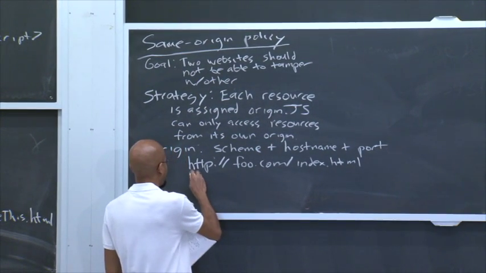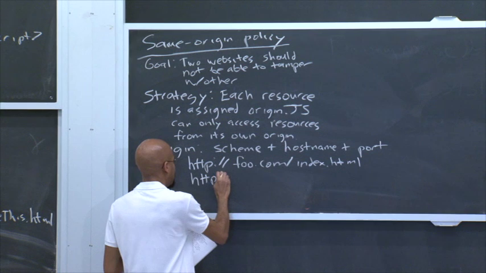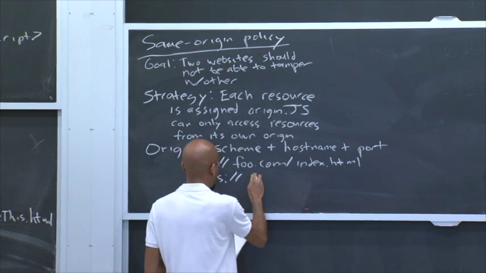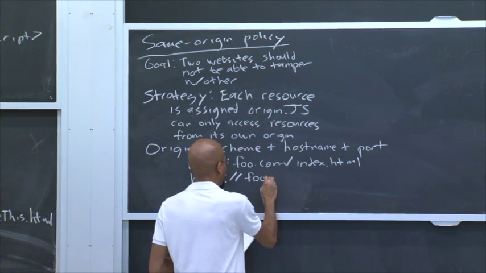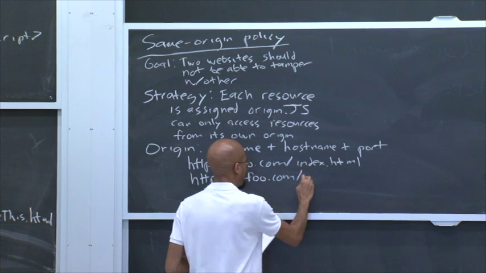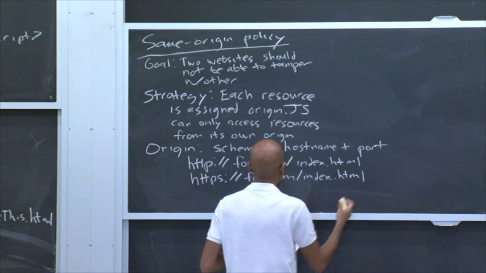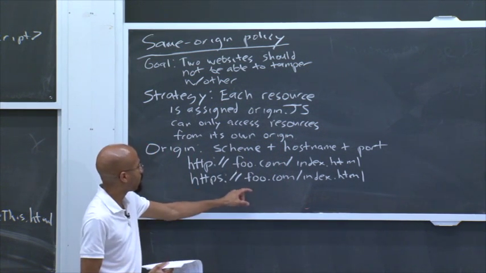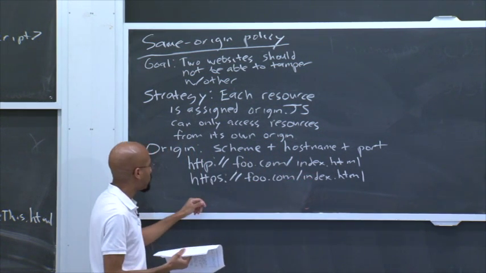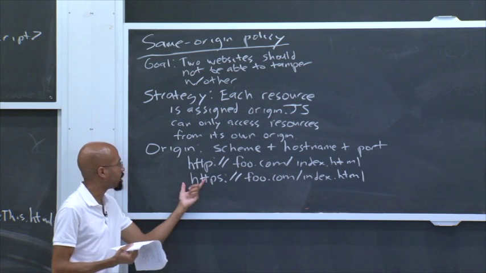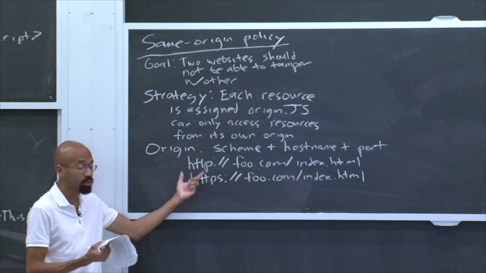So then if we look at something like HTTPS, once again, foo.com, index.html. These two URLs have the same host name, right? But they have actually different schemes, right? HTTPS versus HTTP.